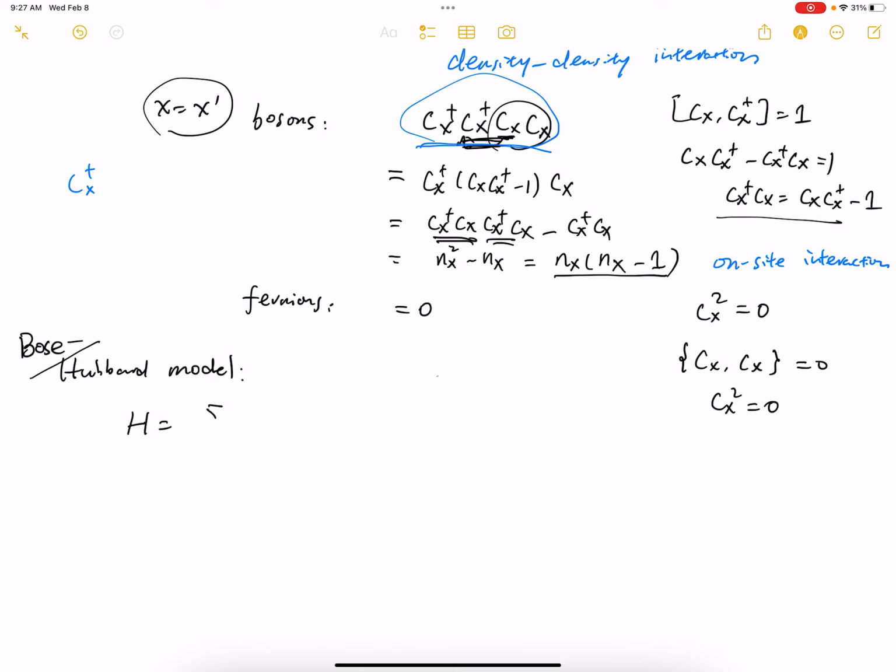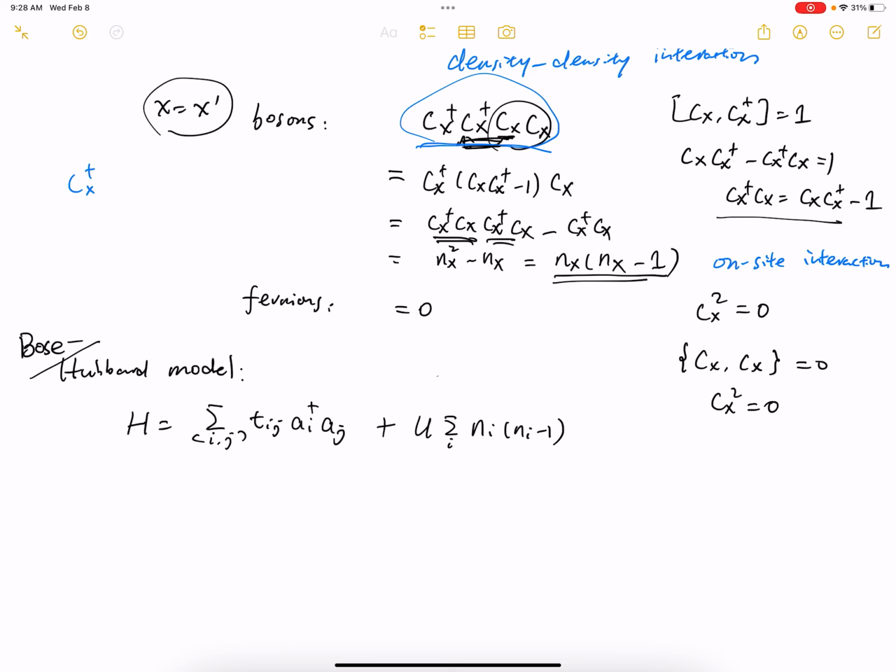In the last class we talked about the tight binding model. So we have a sum over i and j of some Tij, Ai dagger, Aj. And then you have terms that are similar to this, so let's make a u here, and sum over i of ni times ni minus 1. So I'm putting it on the lattice, but it's very similar to this.